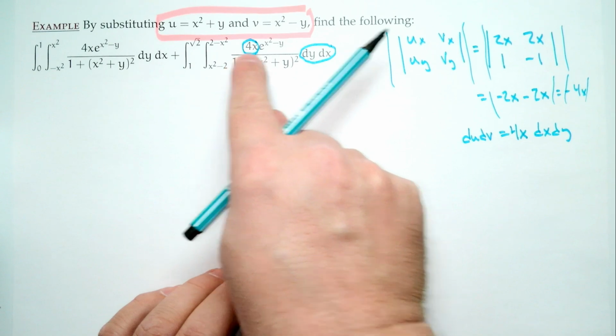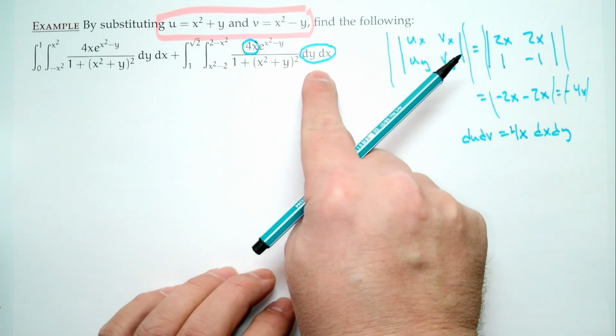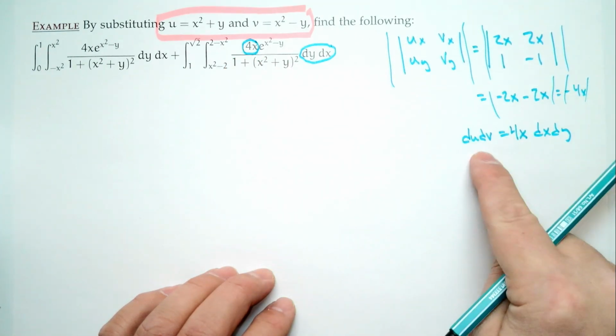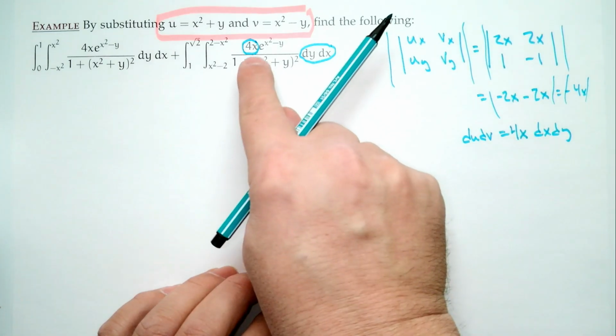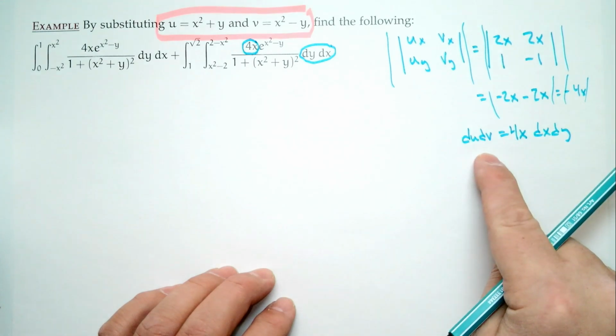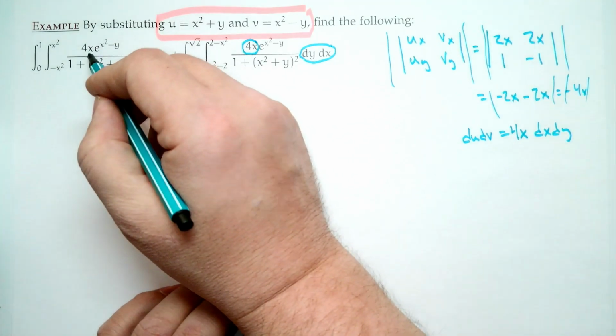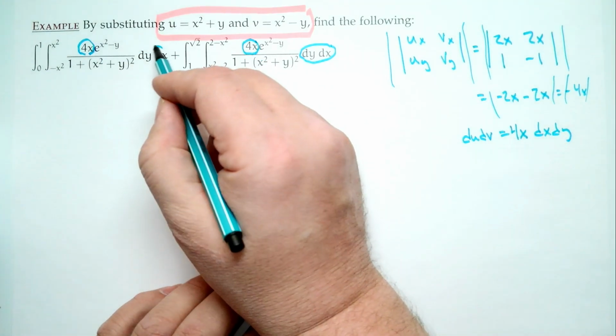So that says I can put those together, and those will become my du dv when I do my change of variables. Okay, so that 4x dy dx becomes du dv. All right? Okay, it's true. It's true.